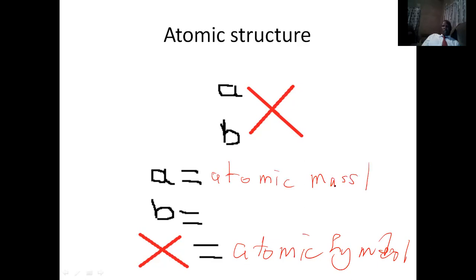The atomic mass is also known as the mass number, or the nucleon number.